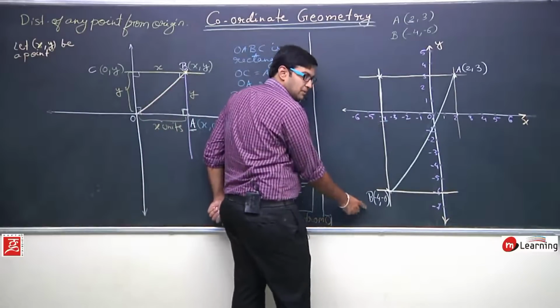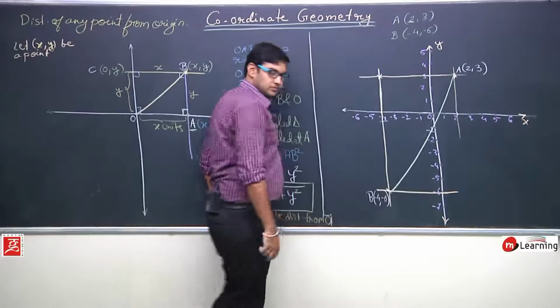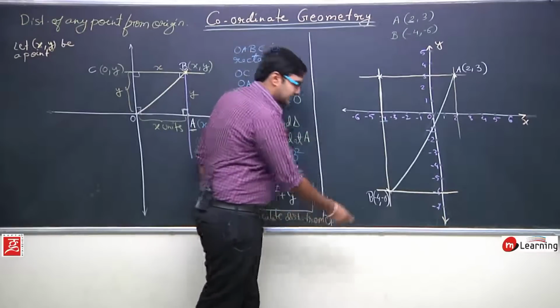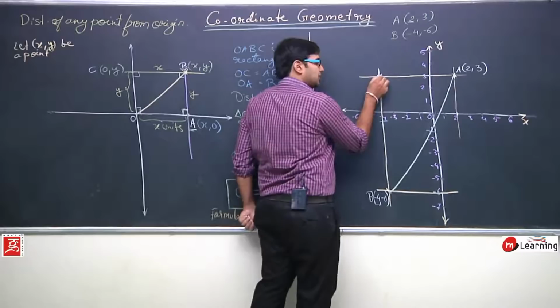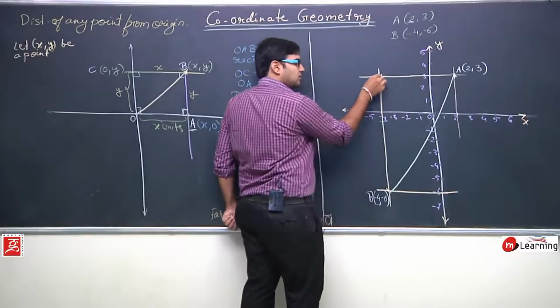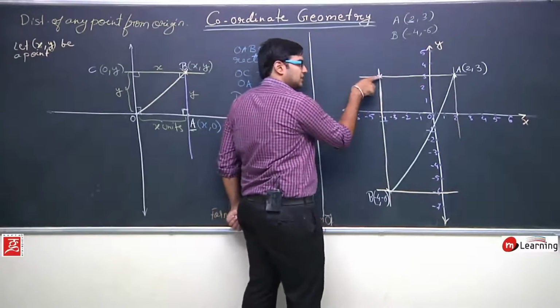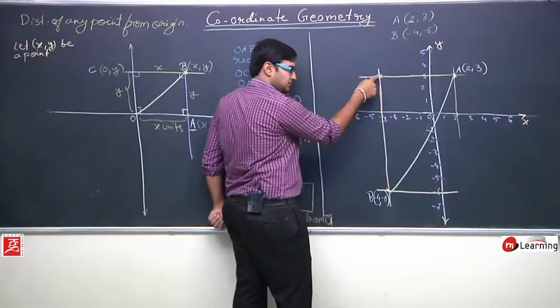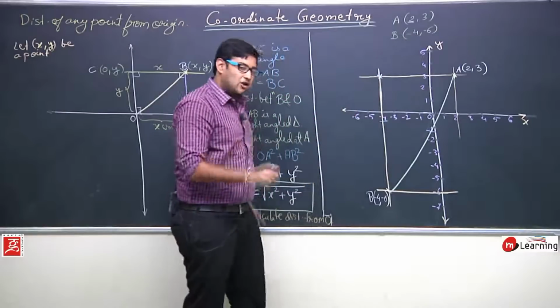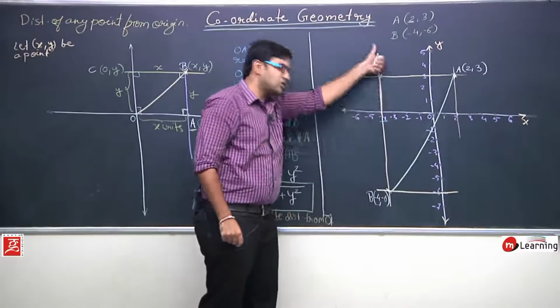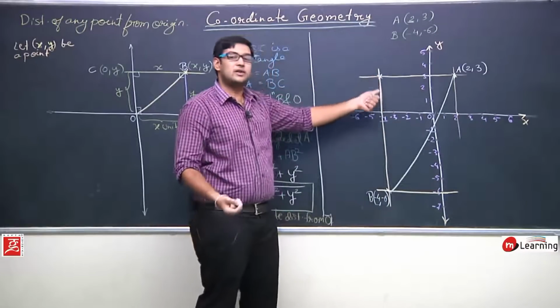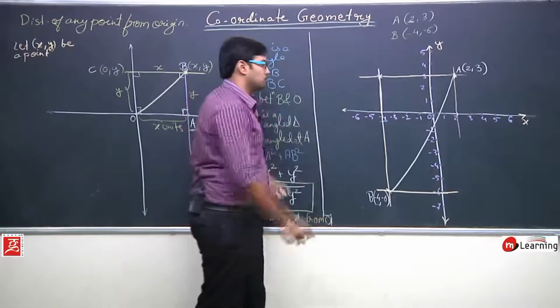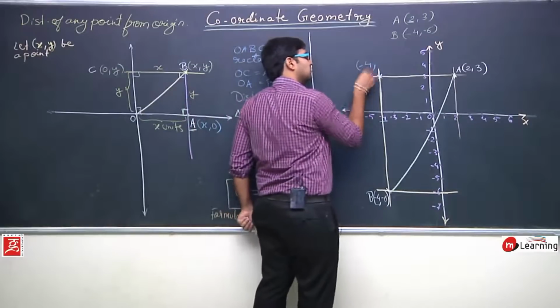You can see that this point B also lies on this perpendicular, so its x coordinate is minus 4. And for this point, this one, it lies on this perpendicular only, so definitely the x coordinate for this point will be minus 4.